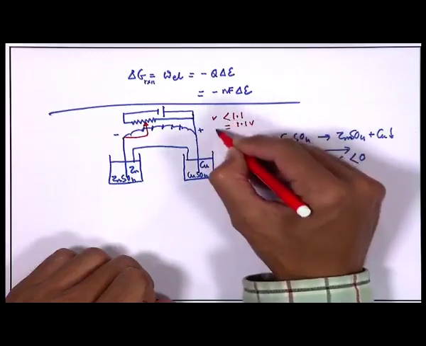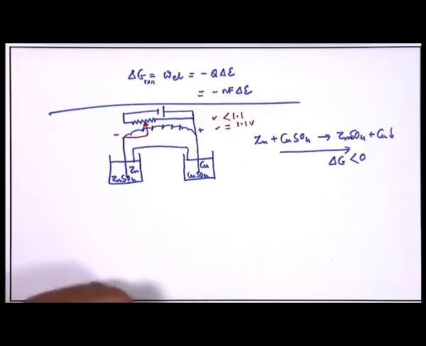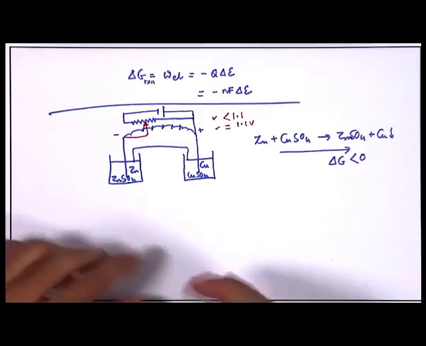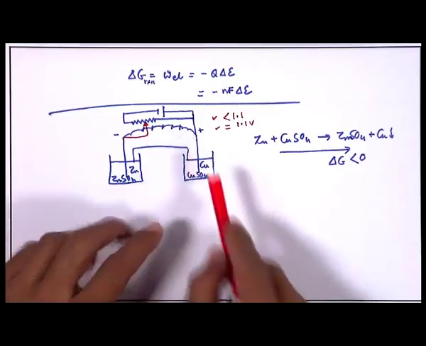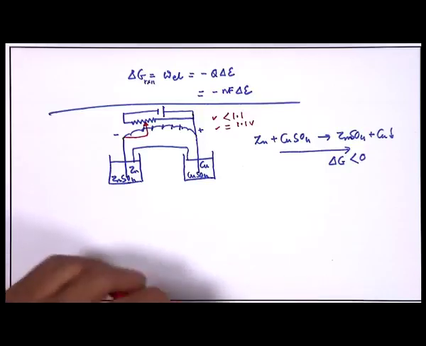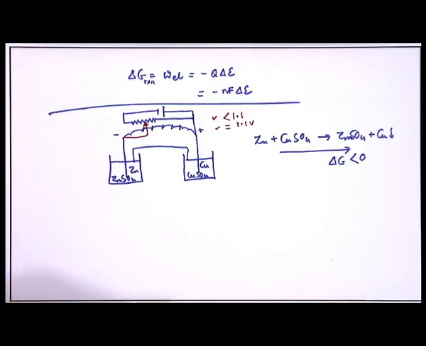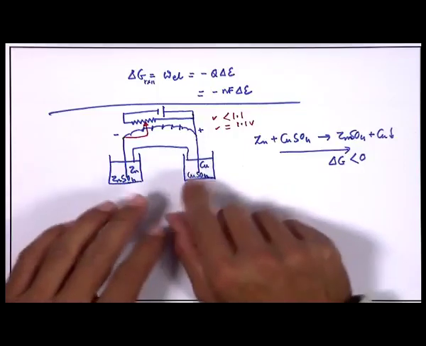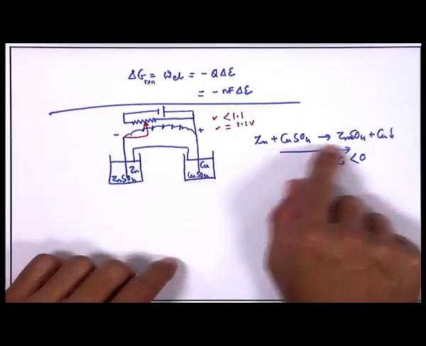These are the two situations. If it is less than 1.1 volt, that means the external electrical potential is less than this, so the normal reaction will take place.